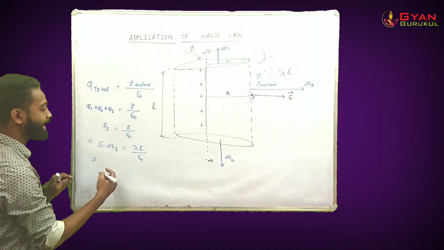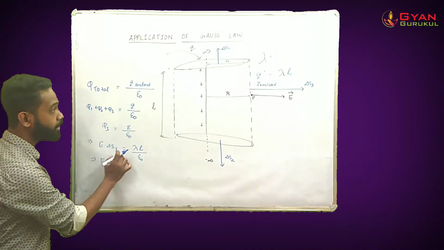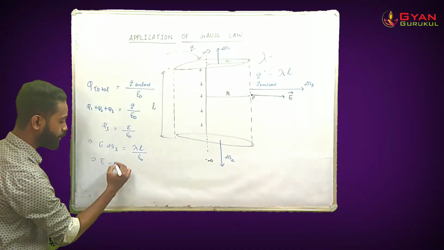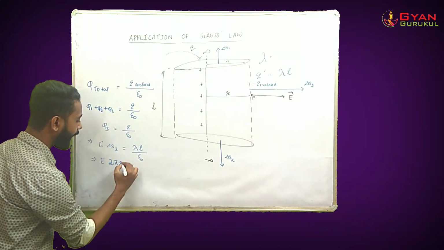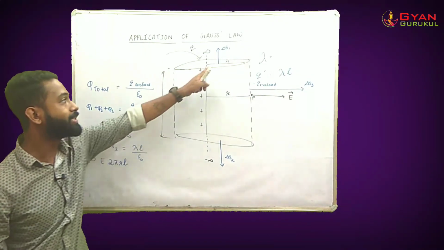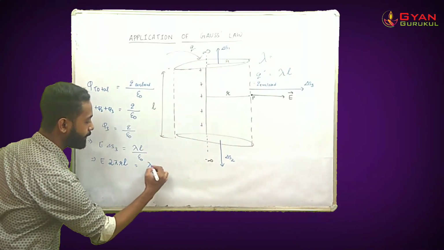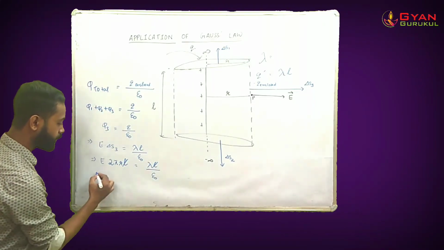Now E dot delta S3, I can write as E delta S because cos 0 is 1. What would be the formula for the area of a curved surface? That is given by 2 pi r into L, where r is the radius of the cylinder and L is the length of the cylinder. That will equal lambda into L by epsilon naught. So I can cancel out the L's on both sides.